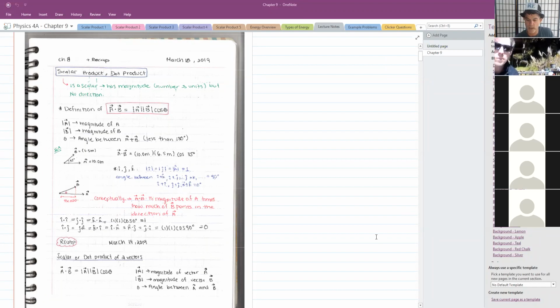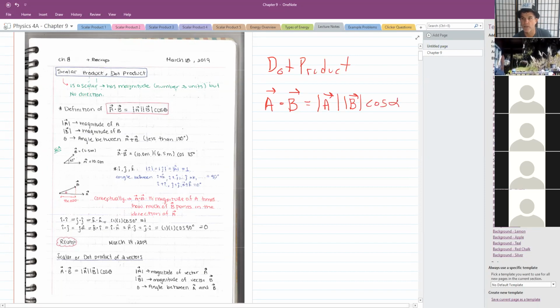So just real quick, we started looking at the definition of the dot product, which is also known as the scalar product. For two vectors, A and B, the dot product is defined as the magnitude of each vector multiplied together times the cosine of the angle between the two vectors.